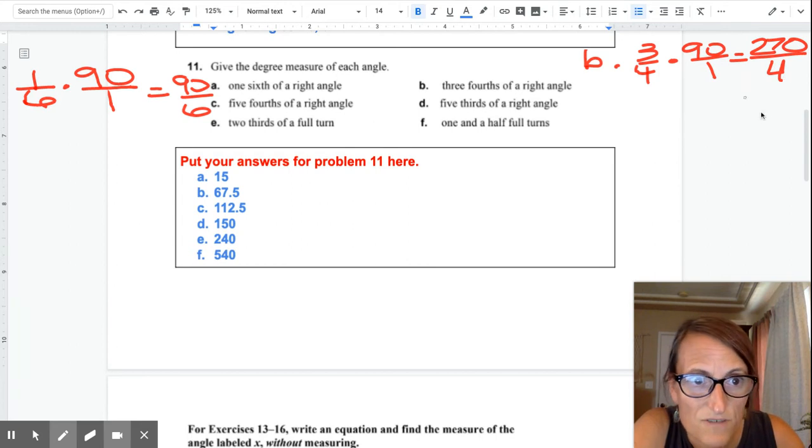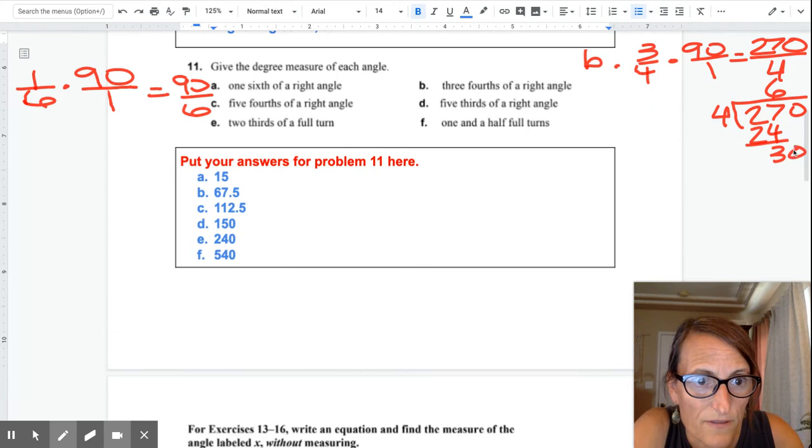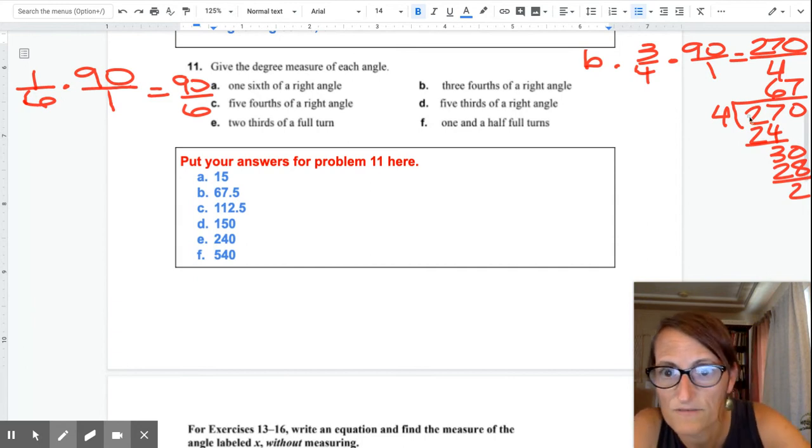And if you do 270 divided by 4, you will get 67.5. So 6 times 4 is 24. Subtract from 30. 4 into 30 is 7, 28. And you have 2 left over. 2 out of 4, 2/4, or 4 into 20 gives you that 67.5.